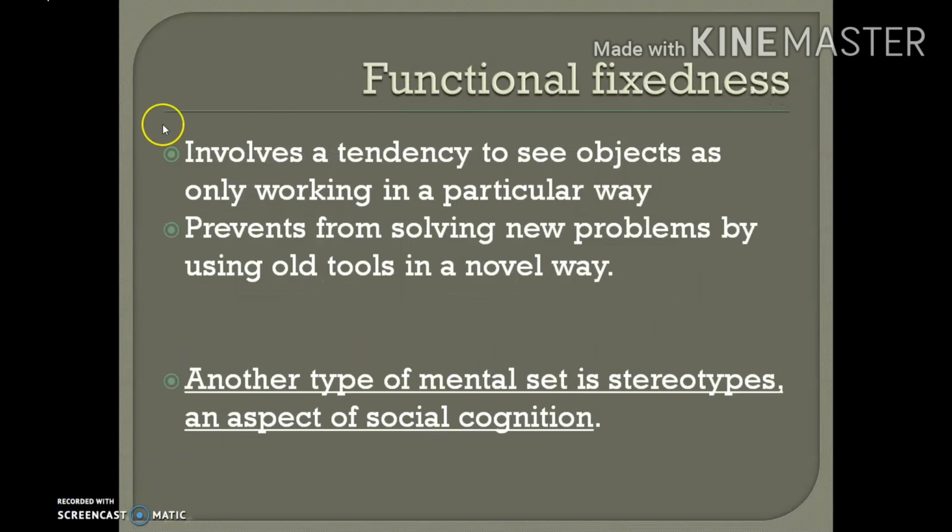Moving forward to a type of mental set, we have functional fixedness. It involves a tendency to see objects as only working in a particular way. It prevents us from solving new problems by using old tools in a novel way. It's just a specific type of mental set that involves only being able to see solutions that involve using objects in their normal or expected manner.